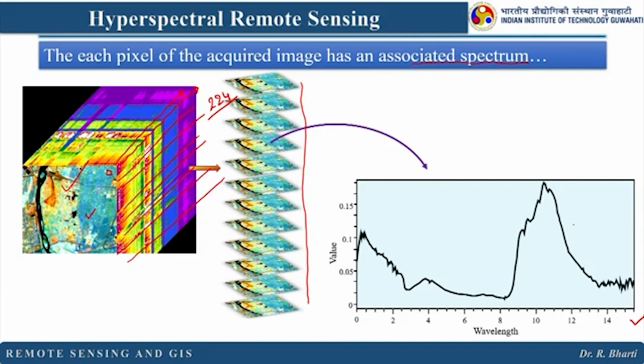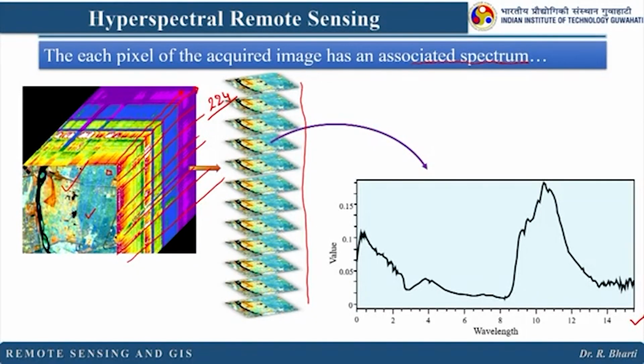If you have such information, then you can definitely characterize your object or material, which is better than multispectral information, because in multispectral you have low spectral resolution, whereas in hyperspectral you have high spectral resolution. High spectral resolution is useful for deriving composition related information or the internal atomic structure related information of the target.